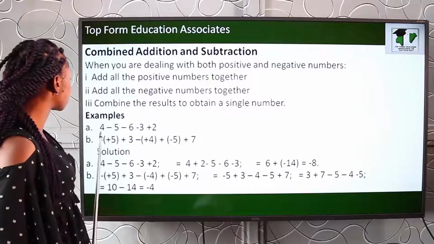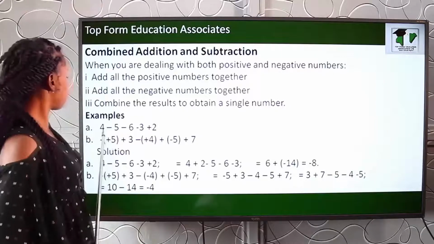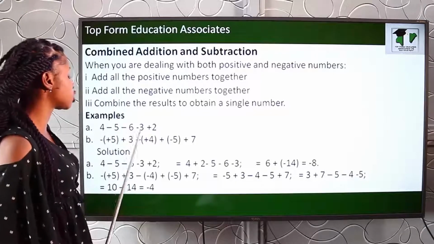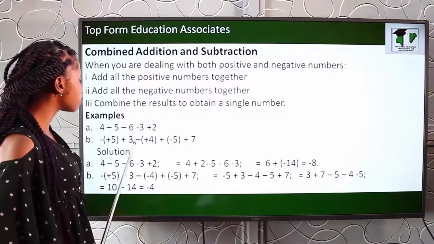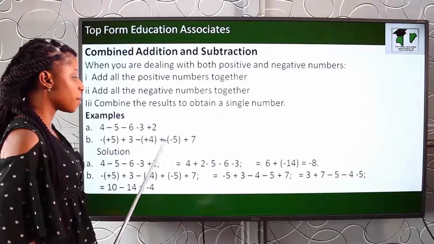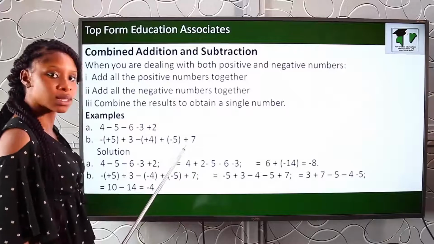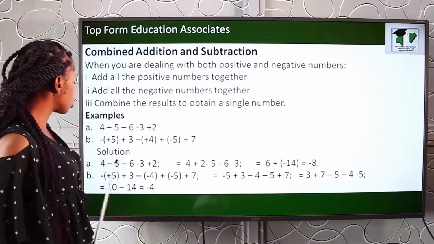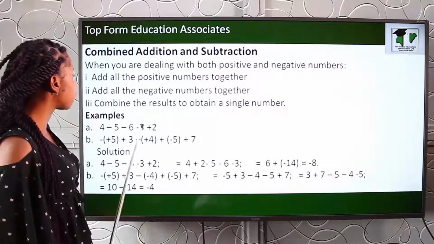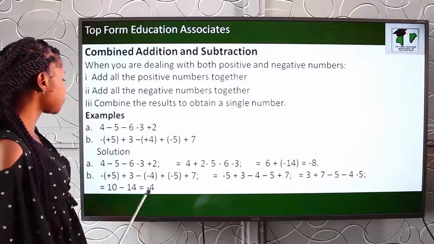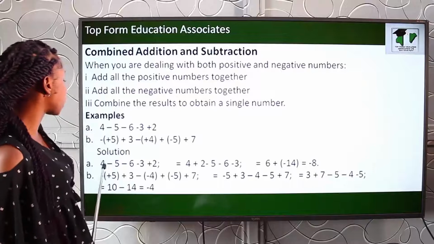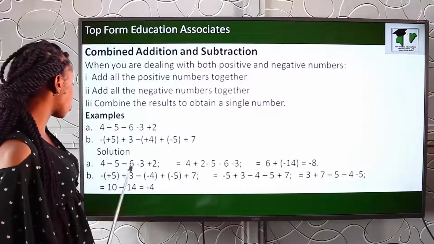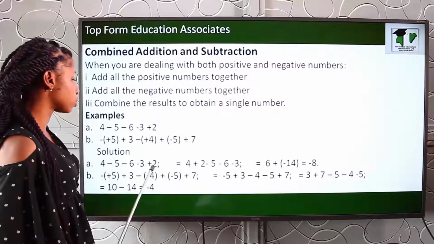Let's look at these examples. A, 4 minus 5 minus 6 minus 3 plus 2. And B, minus plus 5 plus 3 minus plus 4 plus minus 5 plus 7. Now the solution to this is simple. Let's follow the rules we have here. We're asked to add all the positive numbers. The positive numbers in this question are 4 and 2.